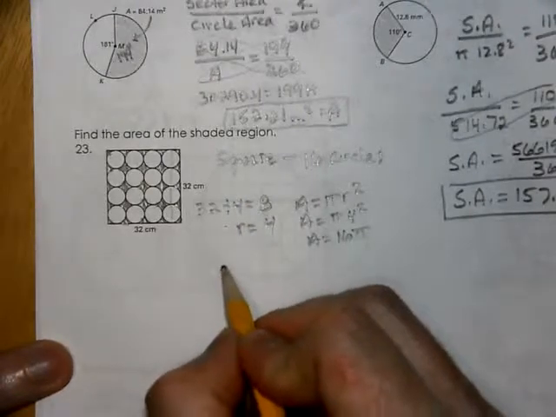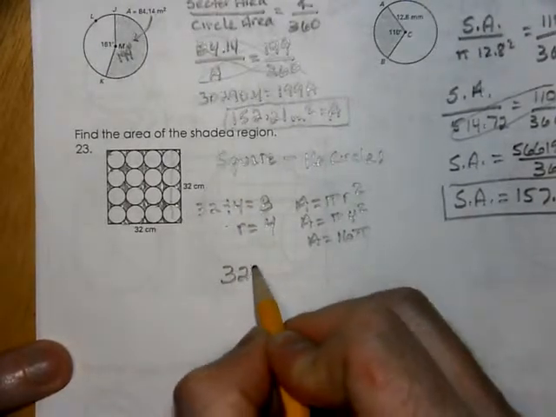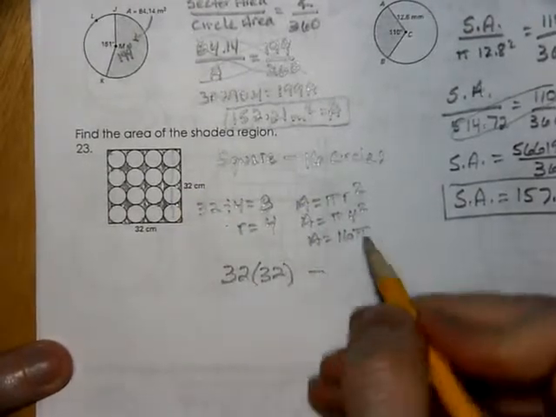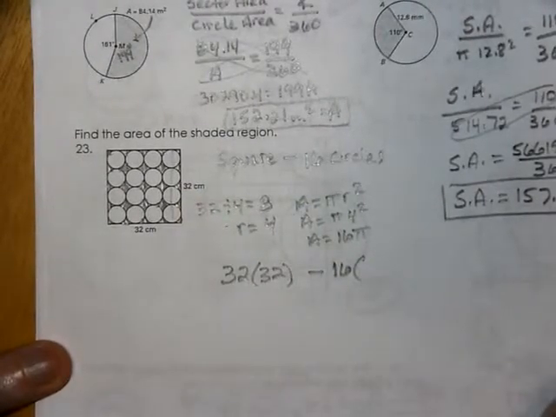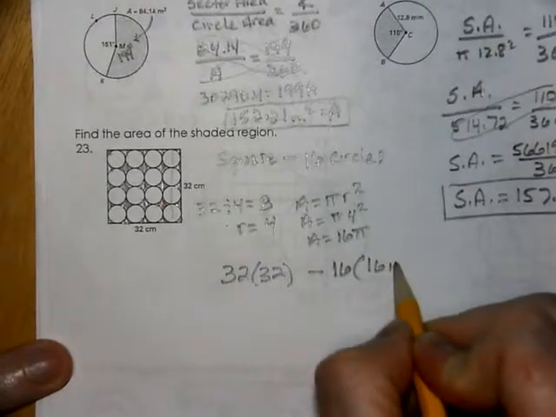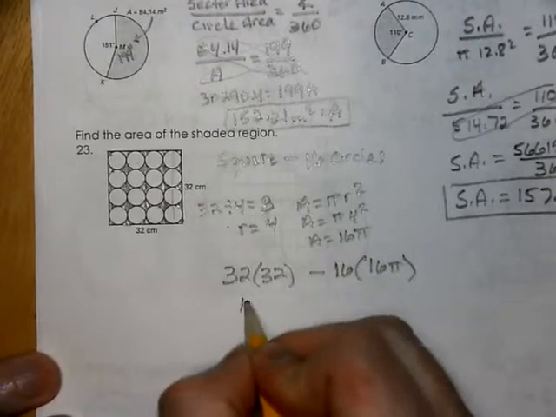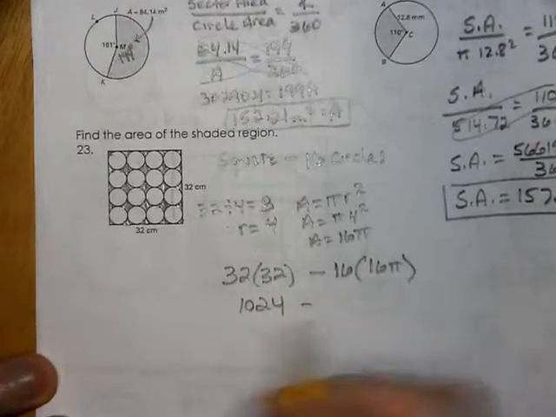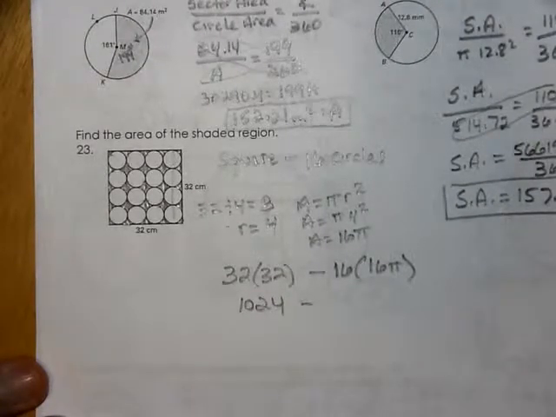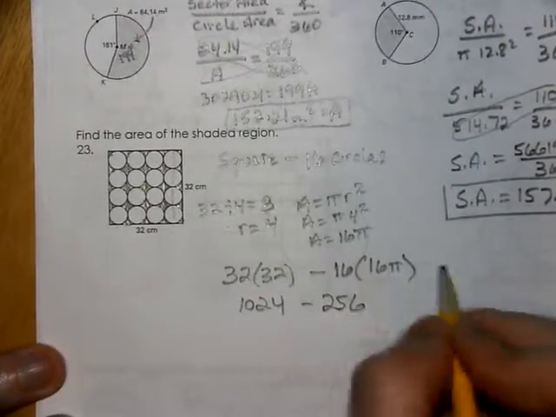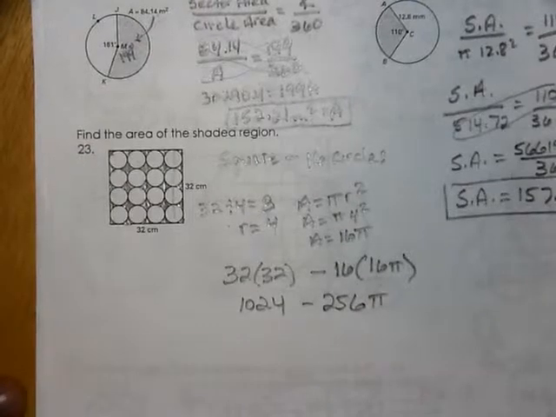So the area of the square is 32 times 32, length times width, minus 16 times 16 pi. We get 1,024 minus our 16 pi, which is 256. 16 times 16 is 256.